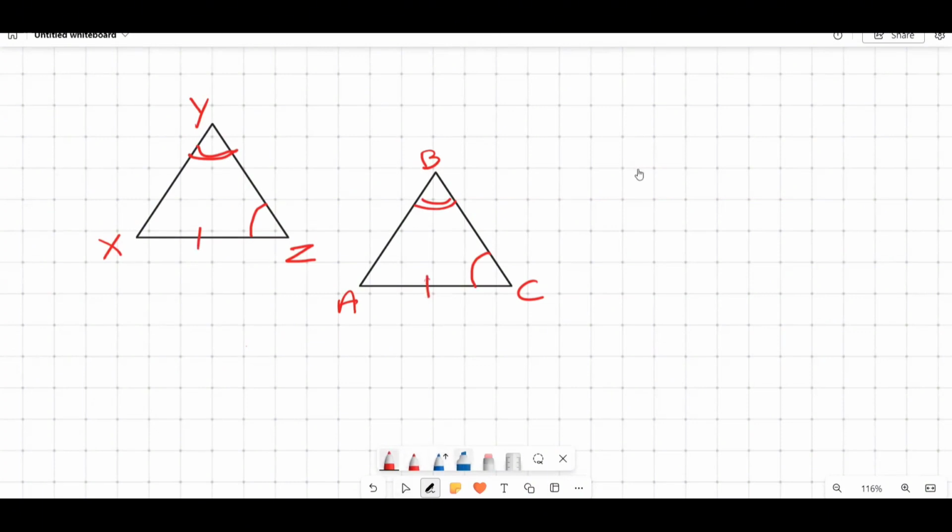We have an angle Y that is congruent to angle B from the other triangle, angle Z is congruent to angle C, and side XZ is congruent to side AC.